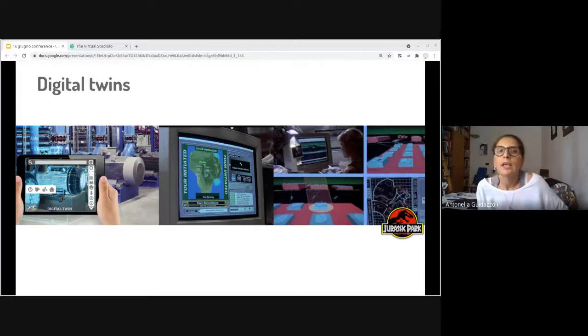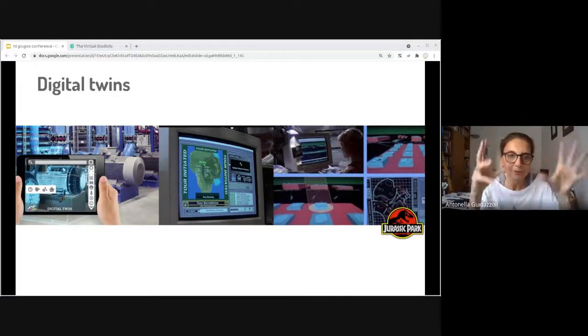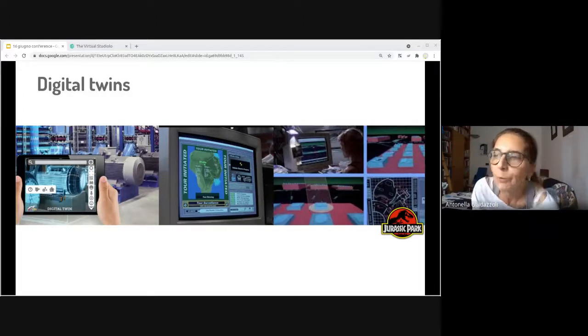I think that the first concept of digital twin was represented in the movie Jurassic Park. Do you remember the children navigating inside the 3D model of the park in order to fight the Tyrannosaurus Rex? The idea was to act on a 3D model and see the effects in the real world.